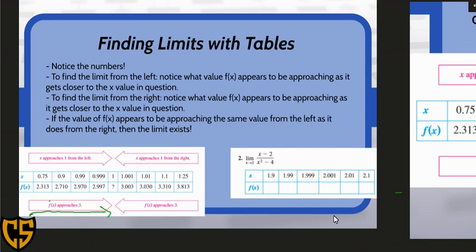Next, from the right, same lang, substitute ka values and then take note lang kung ano nga number nag-approach ang imo nga answer as you get closer to a specific nga x value sa imo nga question. So, if ang imong answer for the value of function of x appears to be approaching the same value bisan from the left na siya or from the right, so automatic that will be the value of your limit, or silingon the limit exists.